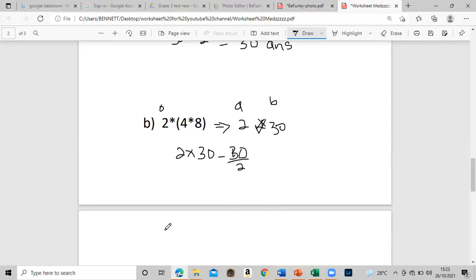No, let's come over here. So 2 times 30 is 60 minus 30 divided by 2, that is 15. So now we're gonna say 60 subtract 15. That looks like 45, ain't it?